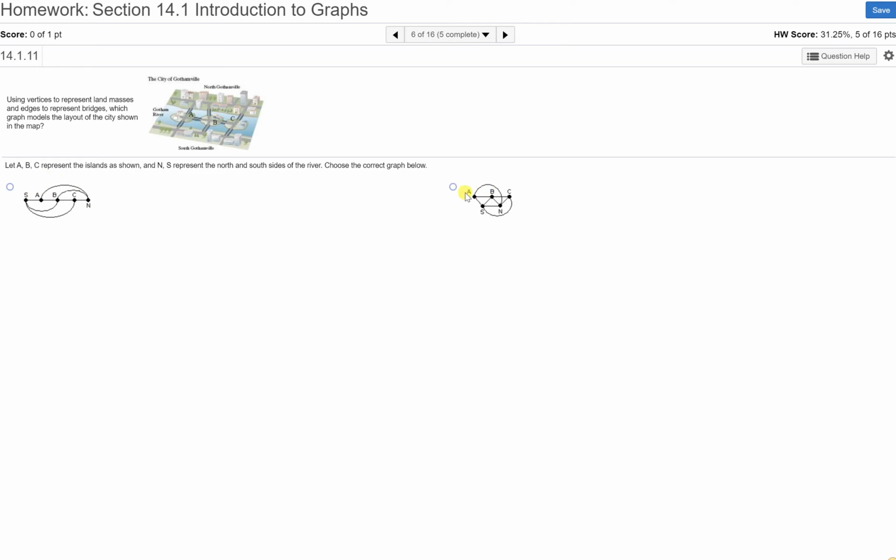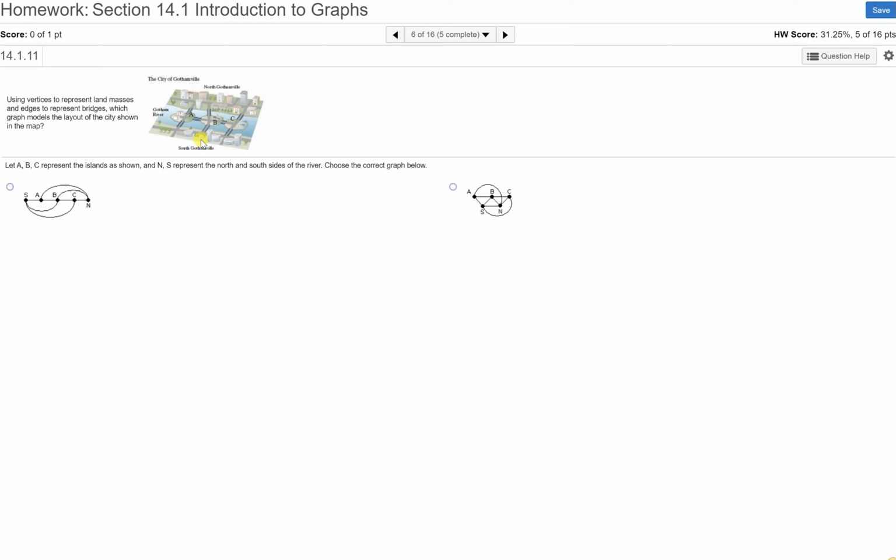B is connected to north and south once as well. It says here C is also connected, okay, they're all connected north, south. So C is connected to north and south. Let's see this one. North and south. Okay, that's good. What am I missing here?